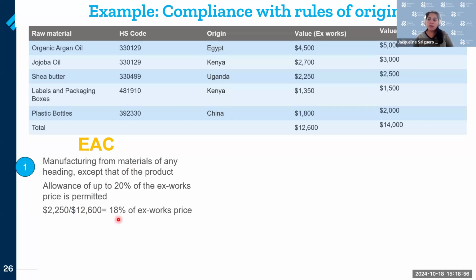So I am below the allowance, which is 20%. Therefore, I can comply with this rule. So I just gave you a very basic example of how you can calculate it for your own products.